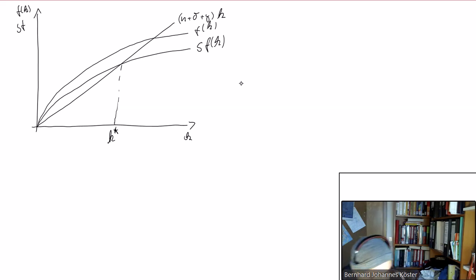So what happens if s is increasing? What happens then in our diagram? Let me draw this in red.